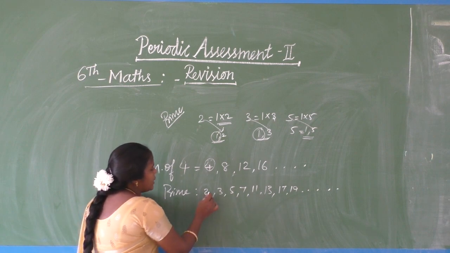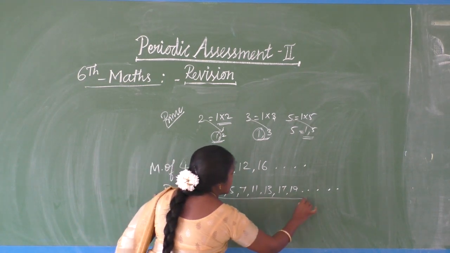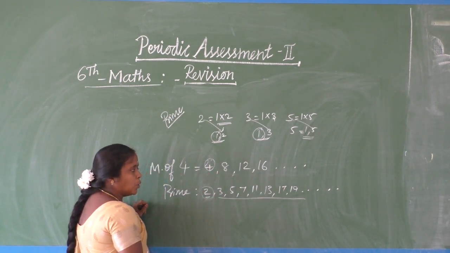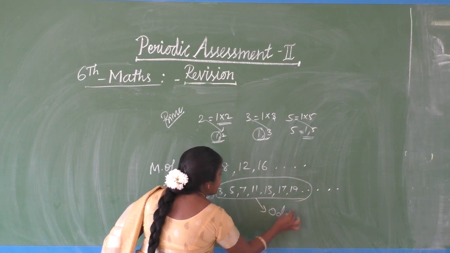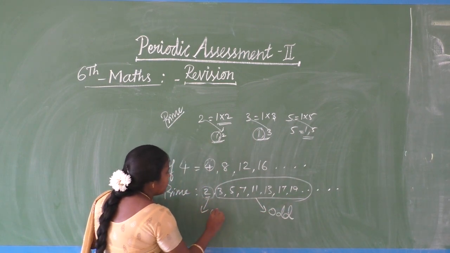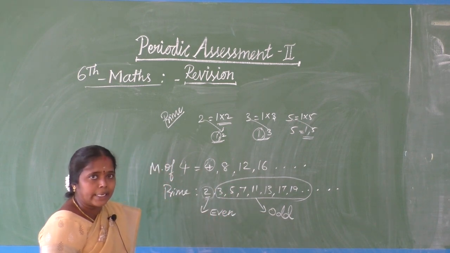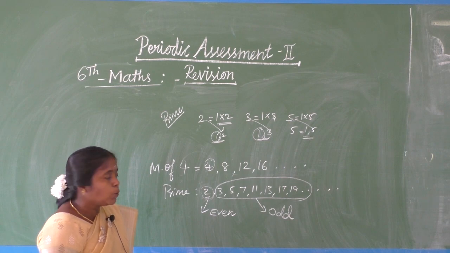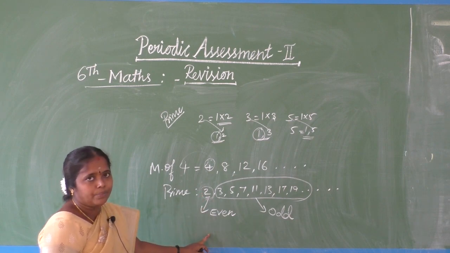So that means here 2 is an even number. Except this 2, all others, if you watch, you come to know these are odd numbers. This is the only even number. Clear, children? If you watch the prime numbers category, you come to know the first number is the only even number.